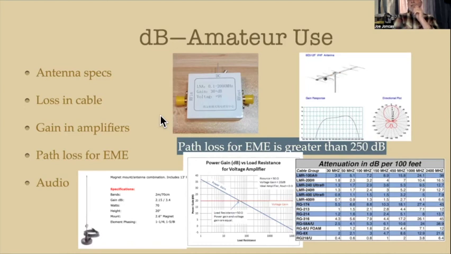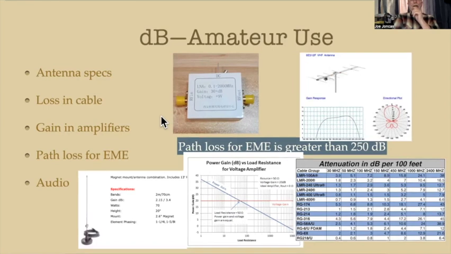S9 is 50 microvolts, or supposed to be. And if it drops down to S8, that's 25 microvolts. Is that correct? Oh, it's 6 dB. Yeah, I think that's 6 dB. Anyway, moving on.